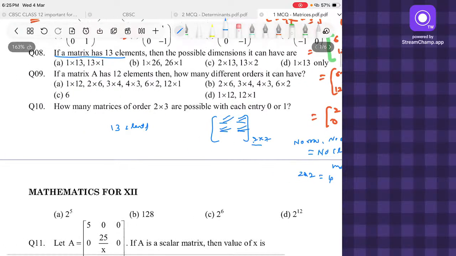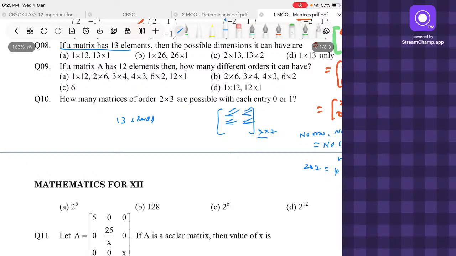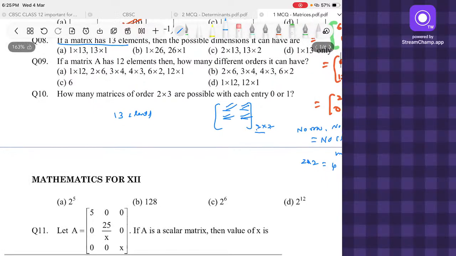Similarly, if the matrix contains 13 elements, that means if you multiply number of rows and number of columns, it should be equal to 13, right? What are the possible ways? 1 into 13, otherwise 13 into 1. Only two possibilities.